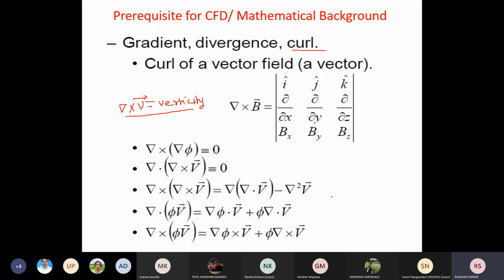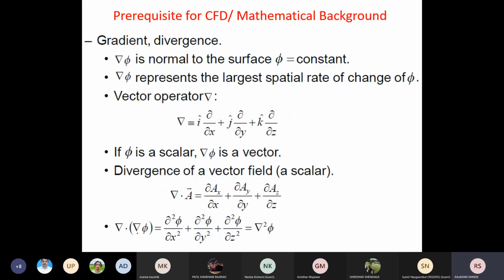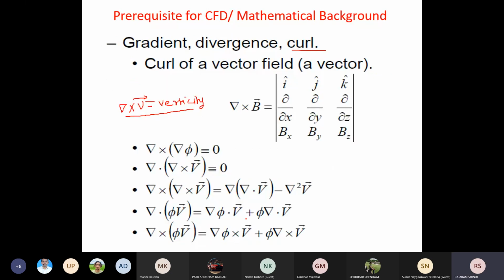Why minus divergence of the gradient? Already I have shown it, divergence of the gradient here. Next one, this is divergence of a scalar multiplied by a vector. Divergence of the scalar multiplied by vector is gradient of the scalar dot vector.